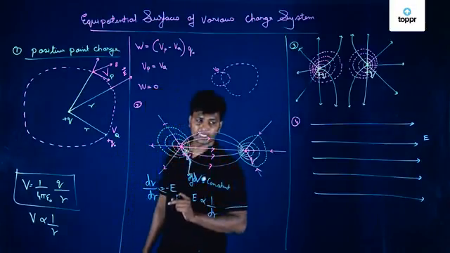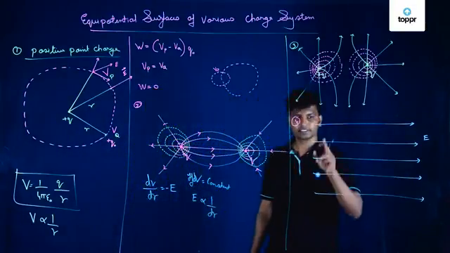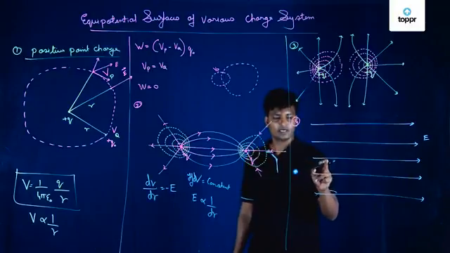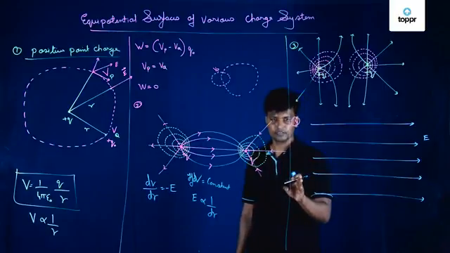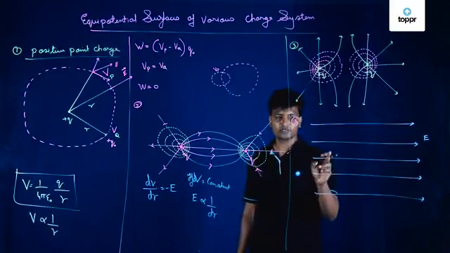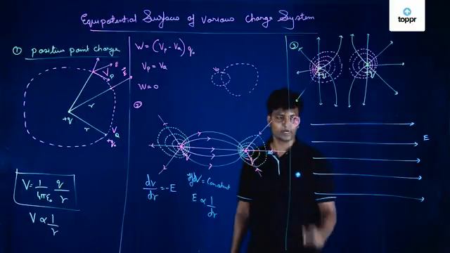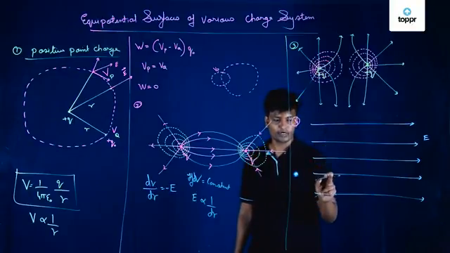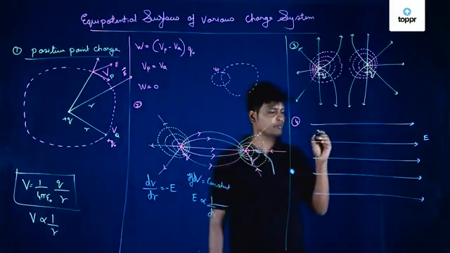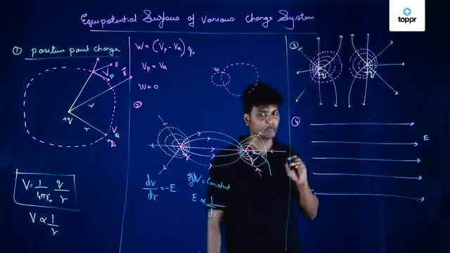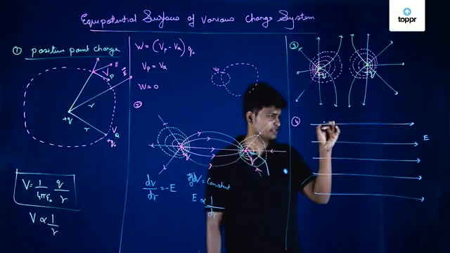In this particular case, the distance from the positive charge is the same. So that means the potential at every point will be the same. So in this case, the equipotential surface will be somewhat like this.